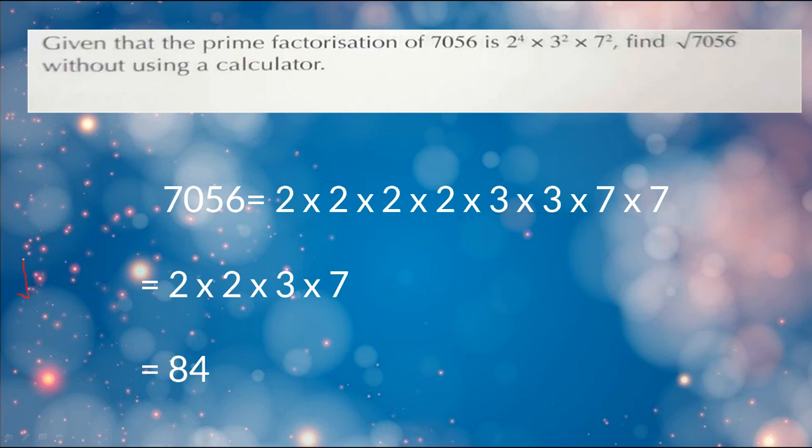So for the square root of 7,056, if you are finding the pairs, one pair, one number from each pair, one pair, one number from each pair, one pair, one number from each pair, and another pair, and one number comes from each pair. So this step is completed.